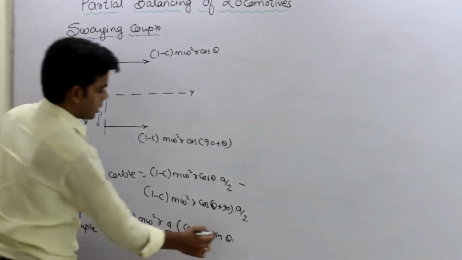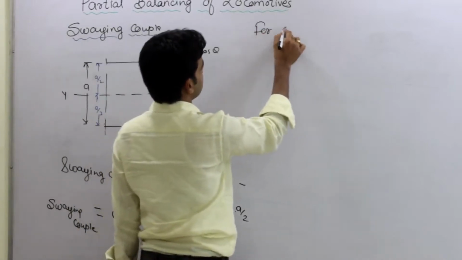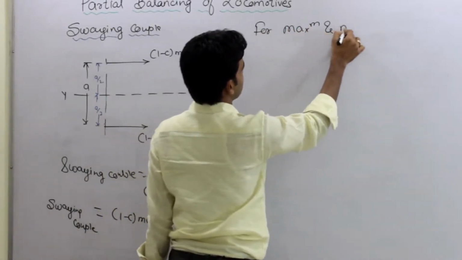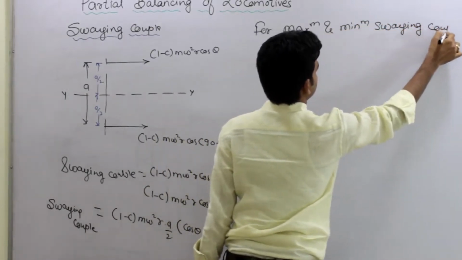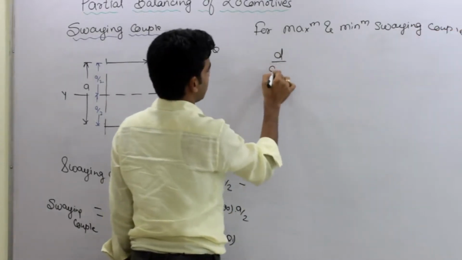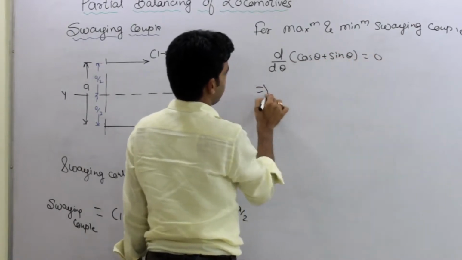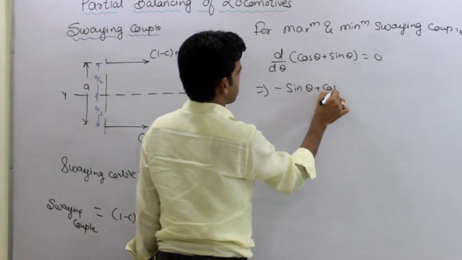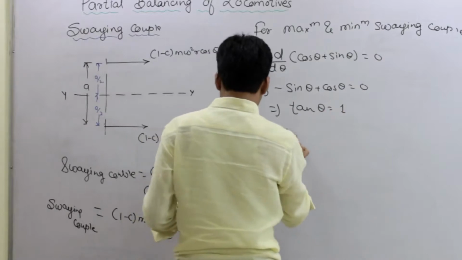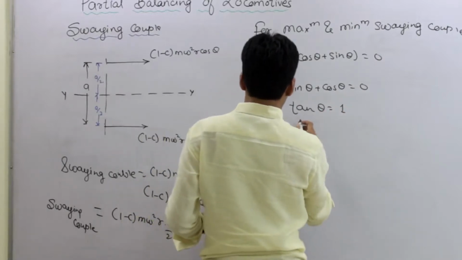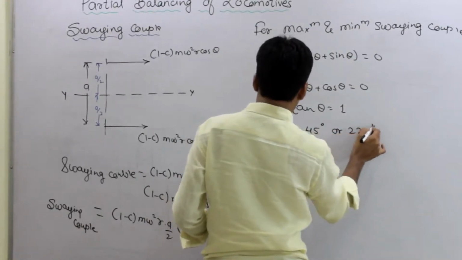Getting this or not? Again, if we want to calculate the maximum and minimum value of this swaying couple, what is required? d by d theta of cos theta plus sin theta should be equal to 0, or you can say minus sin theta plus cos theta should be equal to 0, or tan theta should be equal to 1, so theta will be equal to 45 degree or 225 degree.